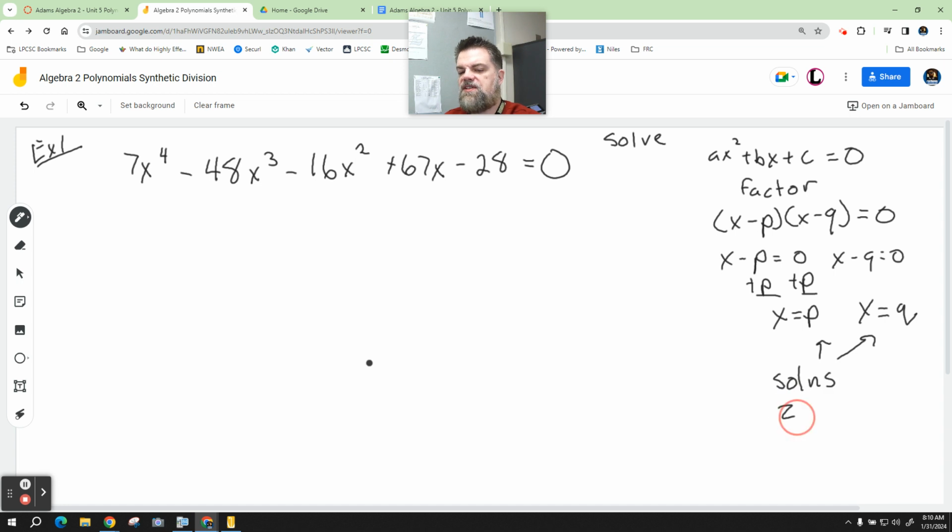But they're also the zeros because it's set equal to 0. And then we said they were, what are some other terms those are called? Solutions, zeros. Anybody else remember? Roots. You guys remember that? Because sometimes we'll take the square root to solve that.